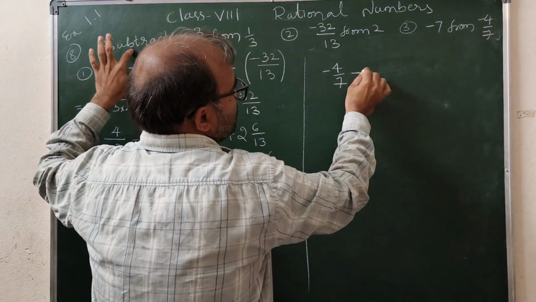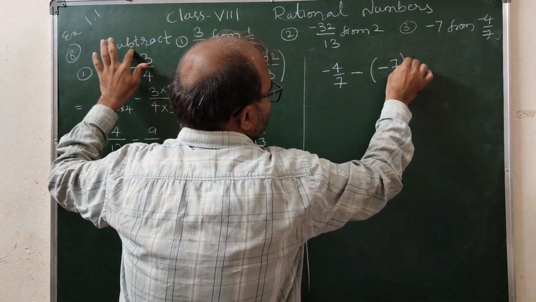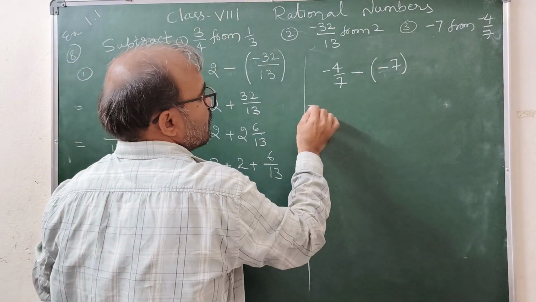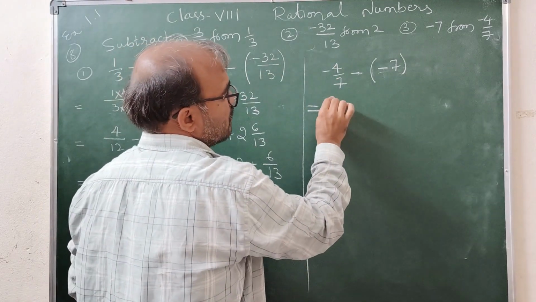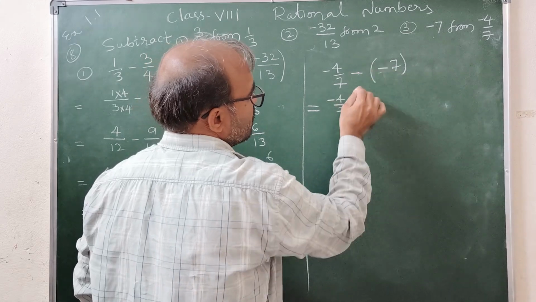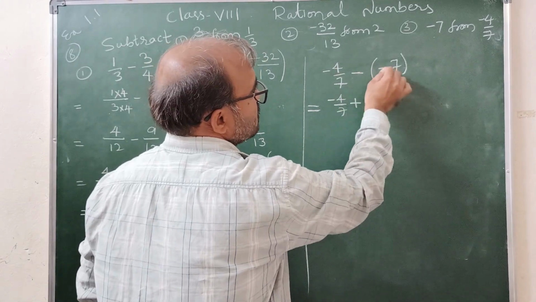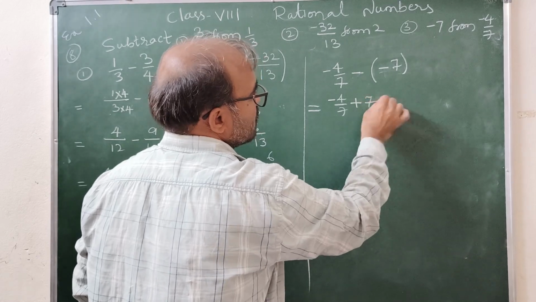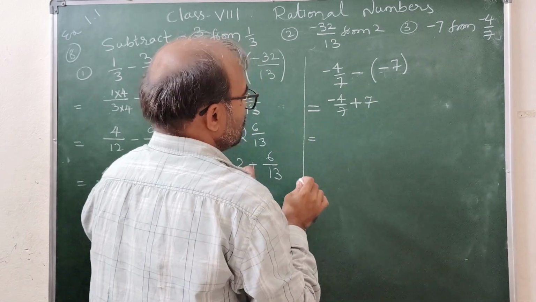This is the subtraction symbol and we have to subtract minus 7. So write minus 7 in brackets. Now write the equal symbol. Write the first number as it is, minus 4 by 7 plus minus of minus, how much? Plus. Minus of minus is plus, so plus 7.